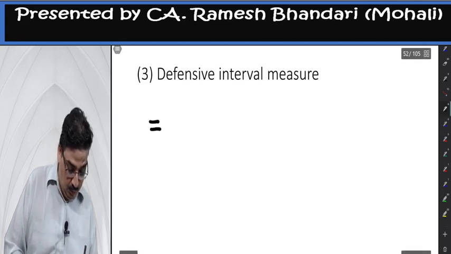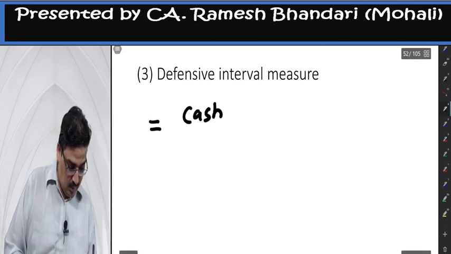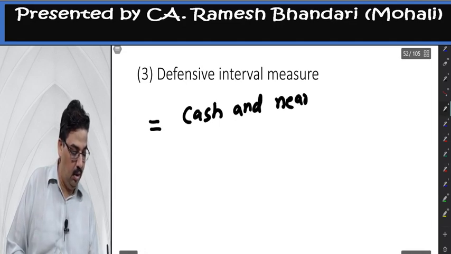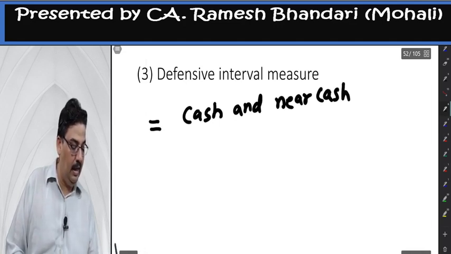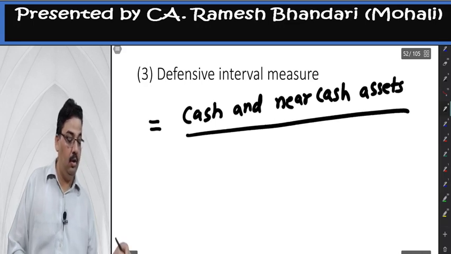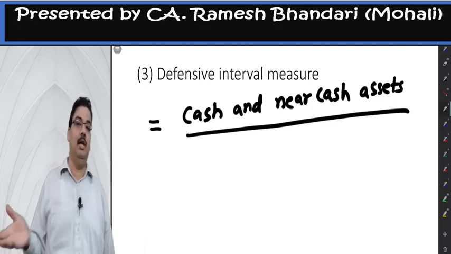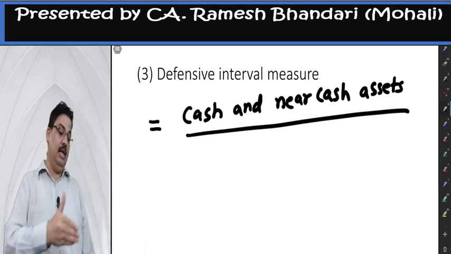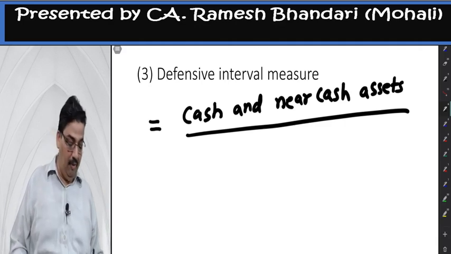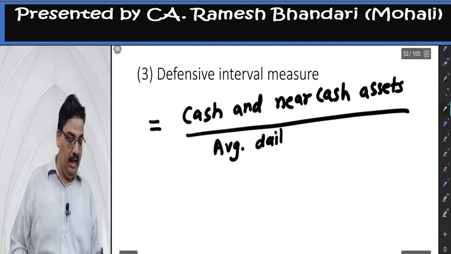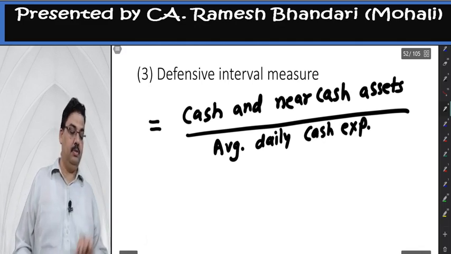This is equal to cash and near cash assets, like bank or whatever marketable securities you are having, which you can easily sell to get cash, divided by average daily cash expenses.